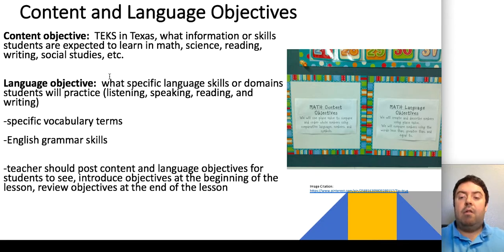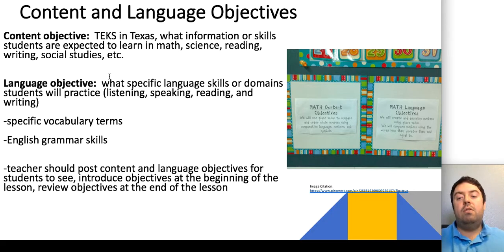Language objectives, however, are universal and go across content areas. Language objectives are what specific skills you are trying to teach your students. Also, what types of domains of language, listening, speaking, reading, and writing, will students be using during the lesson?